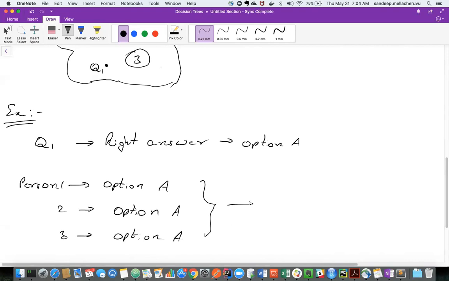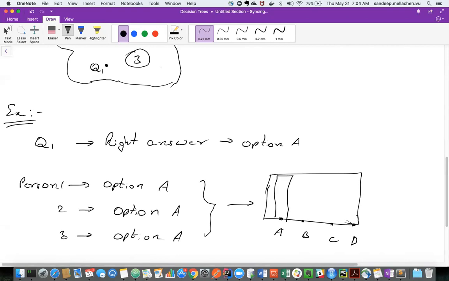Now, what is your voting saying? I think in these TV programs, you'll see this kind of a bar chart. Options A, B, C, and D. Now, option A will be 100%, which is very rare, of course. But anyway, in this case, you are having 100%. Is that clear? So you are going into the right answer.